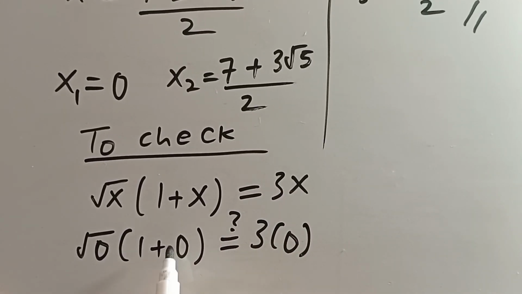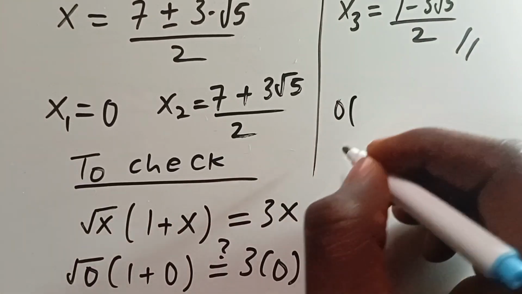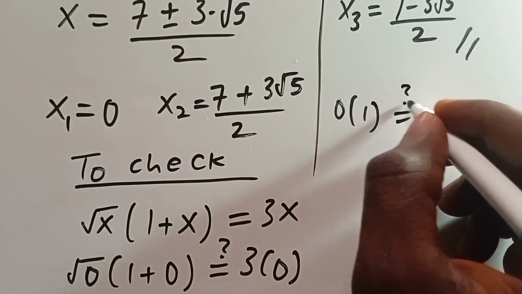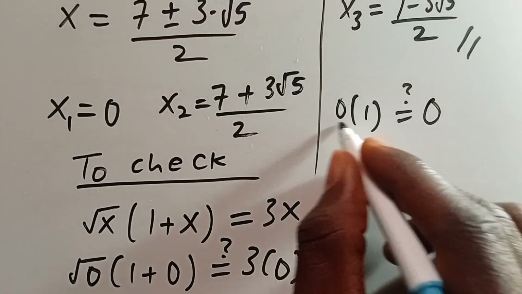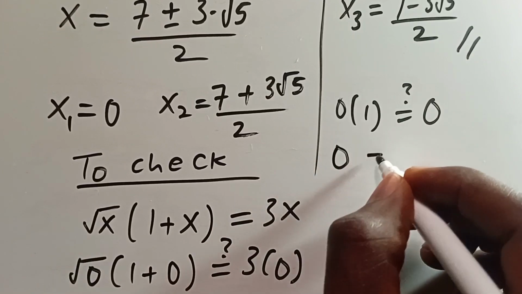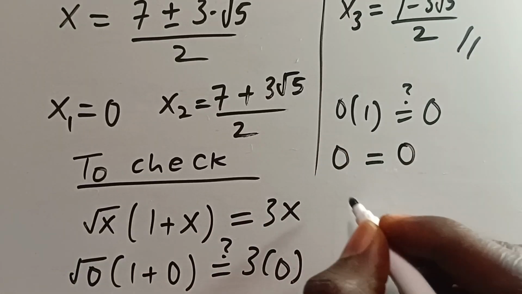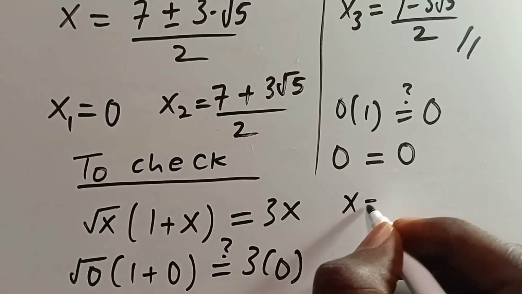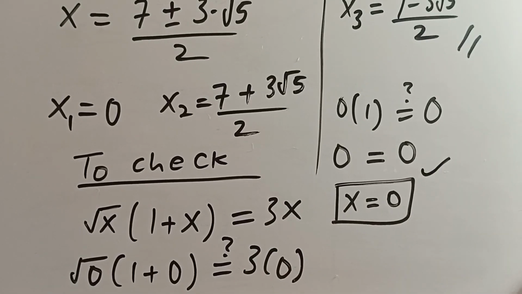So from here, root 0 will give us 0, multiplied by 0 plus 1 will give us 1. Then 3 times 0 will give us 0. So we have 0 equals 0. So the left hand side equals the right hand side. So x equals 0 satisfies the problem given to us.